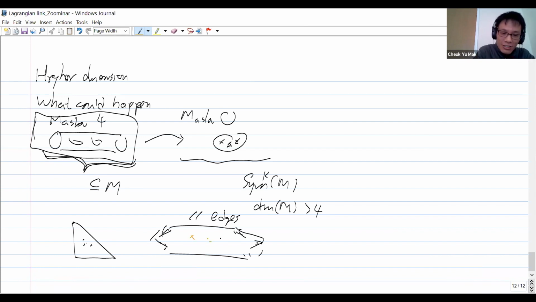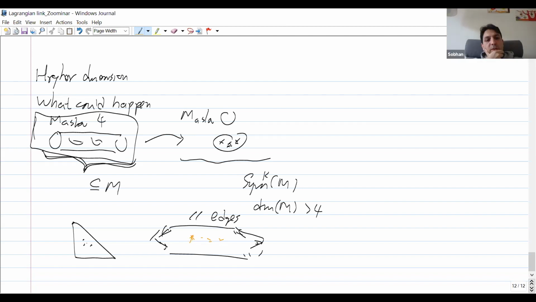Then you can show that the Lagrangian tori here, you can find such that the result is true.